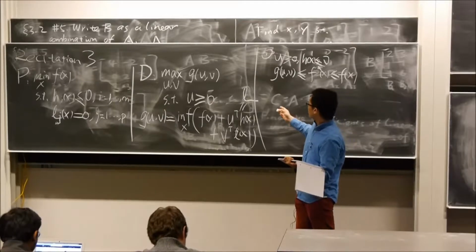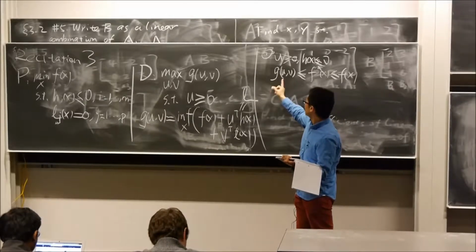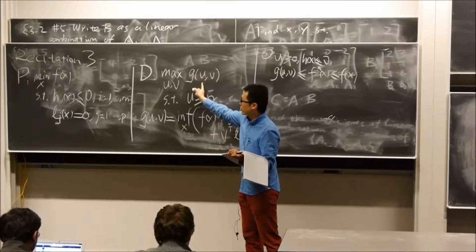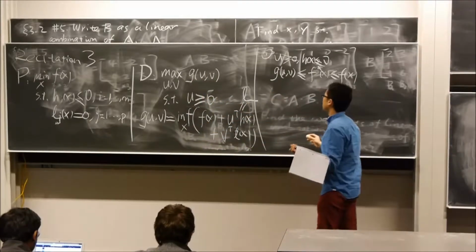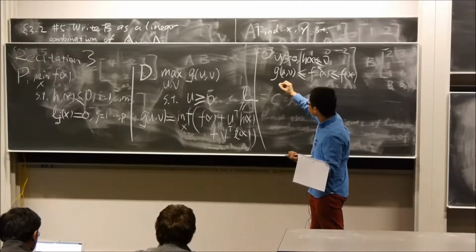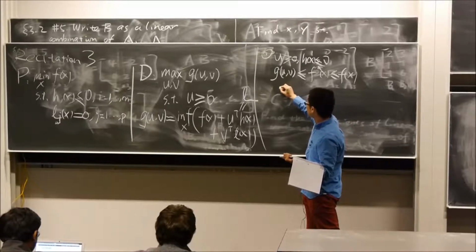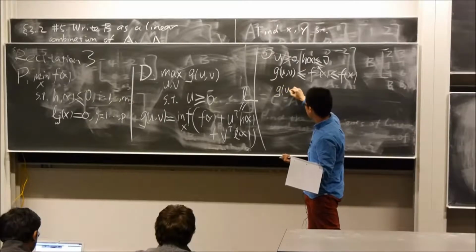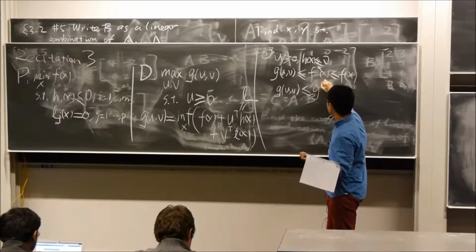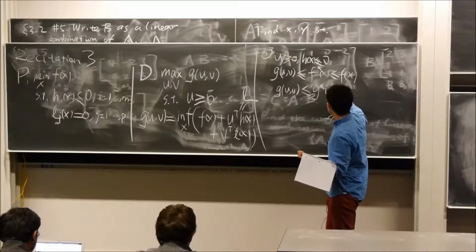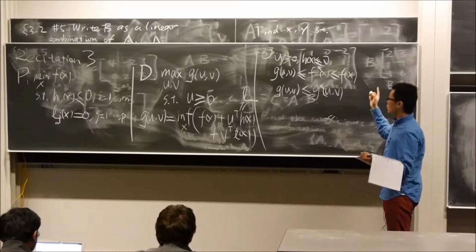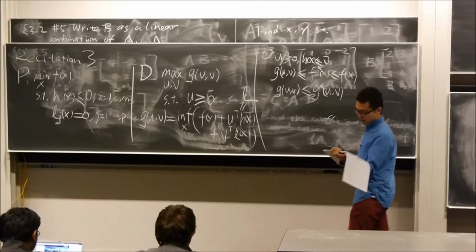We also know that g(u, v) is the dual objective function. So by the optimality of the dual, g(u, v) is smaller than or equal to g star(u, v).